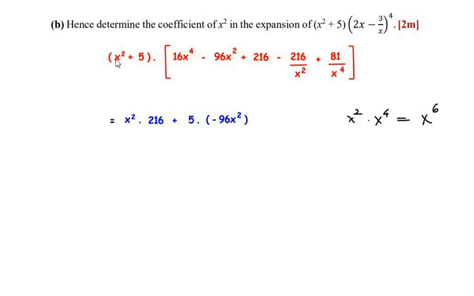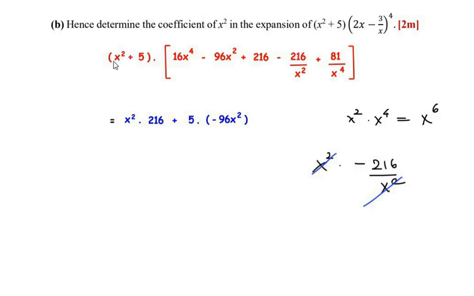Now let us multiply x square with this term. So it's going to be x square multiplied with negative 216 over x square. So you can see the x square from the numerator gets cancelled with this x square in the denominator, giving us a constant minus 216, which is not a coefficient of x square because we do not get any x square term here. So we are going to discard this term as well.